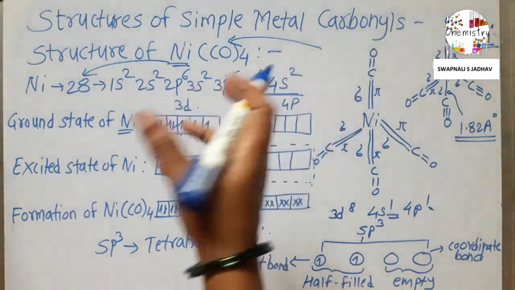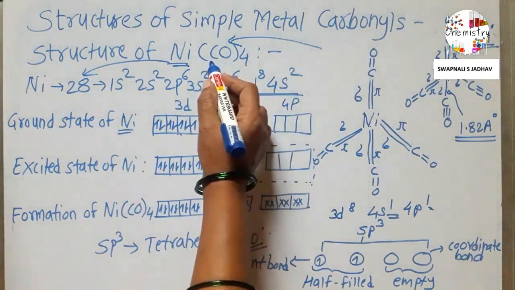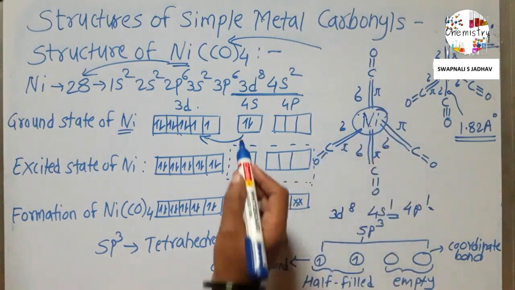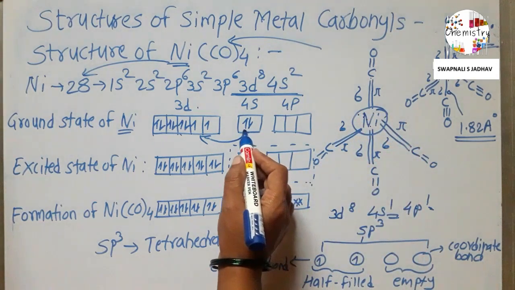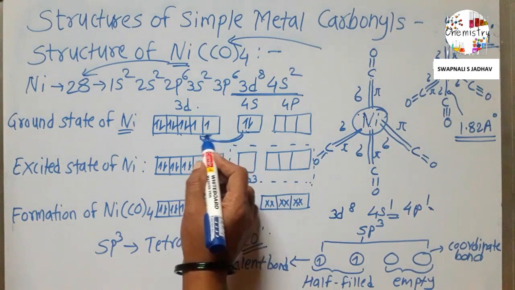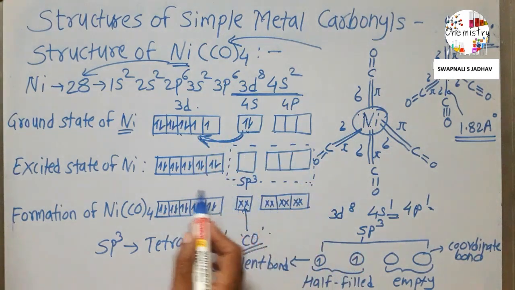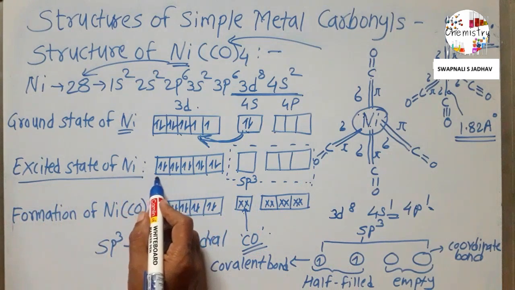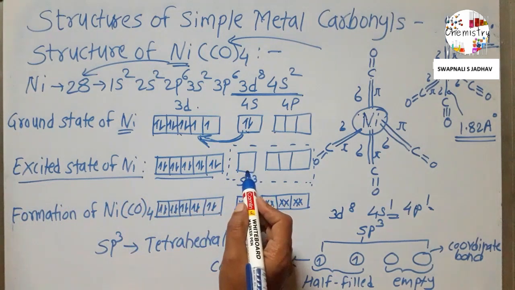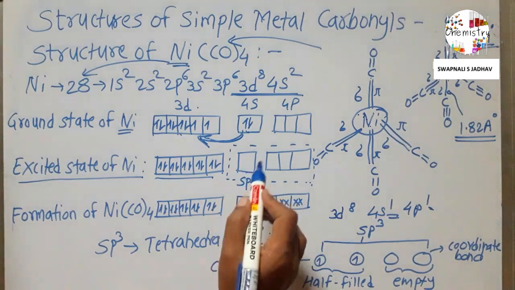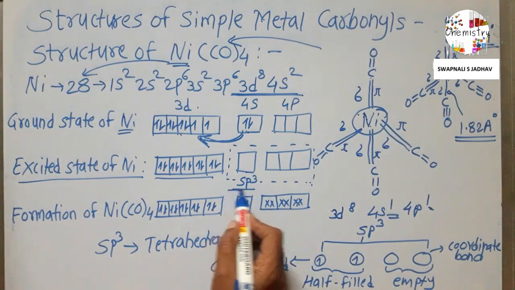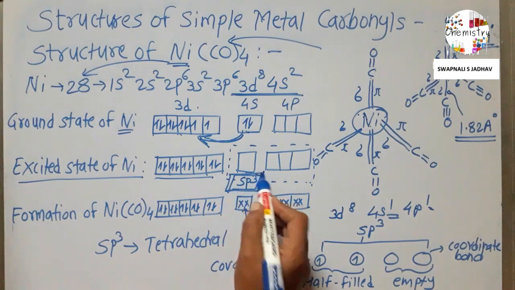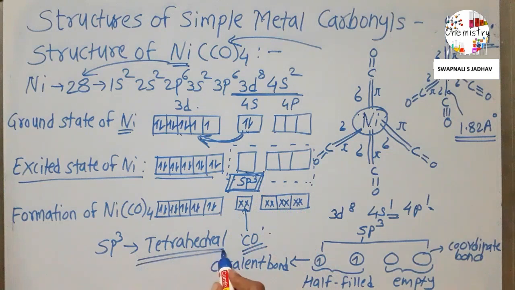But when 4 carbonyl groups come near to that nickel, what happens? The 2 electrons from the 4s orbital are forced to pair up into 3d orbitals, and in the excited state of nickel, the electronic configuration becomes 3d10, and the s orbital remains empty, and it undergoes which hybridization? sp3 hybridization. As the hybridization is sp3, the geometry is tetrahedral.